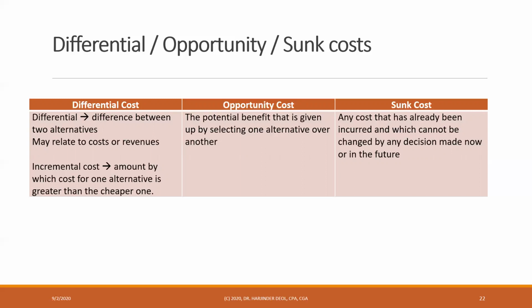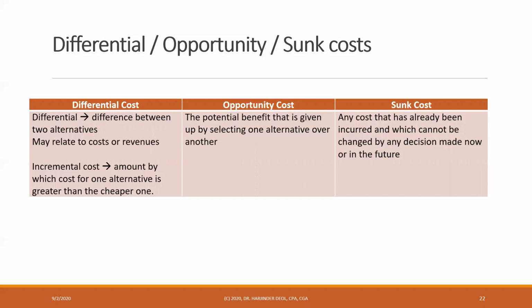So when we're looking at incremental, we're essentially looking at the difference between the two costs for any given alternative. So incremental costs would be the amount by which the cost for an alternative is higher than the cheaper cost alternative. Okay, so sometimes when we are looking at decision making, and we'd be devoting some time to this in chapter 12, we would be looking at costs in terms of incrementals.